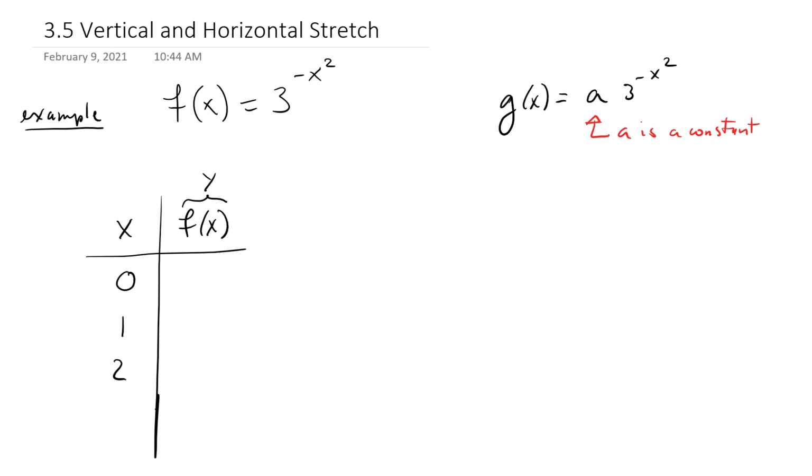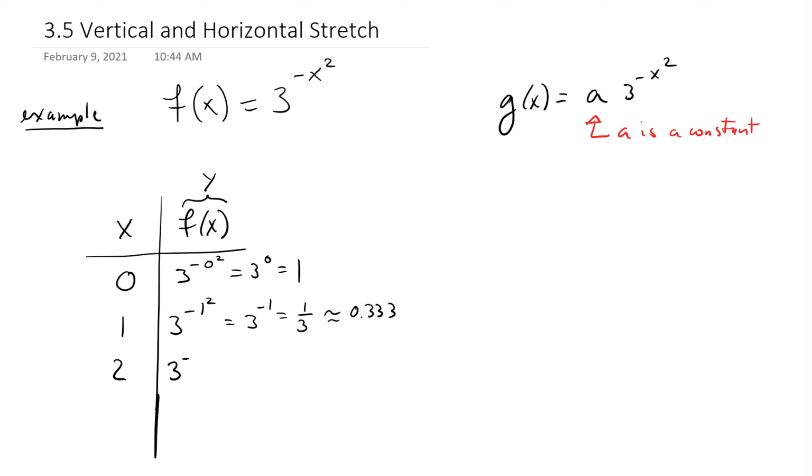Replacing x by 0 gives us 3 to the minus 0 squared, which is 3 to the 0, which is 1. Replacing x by 1 gives us 3 to the minus 1 squared. Now this is 3 to the minus 1, and this is 1/3, or if you prefer, approximately 0.333.